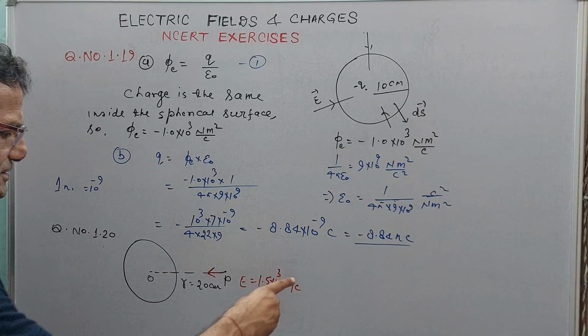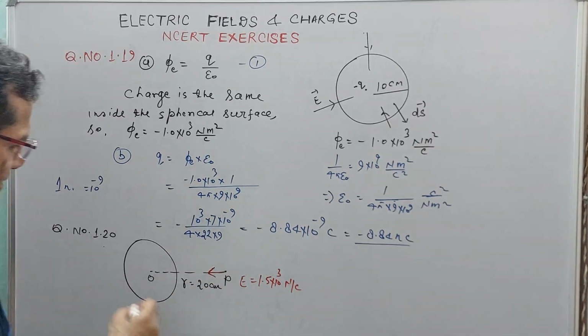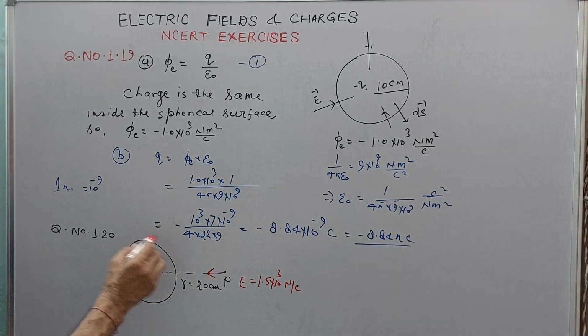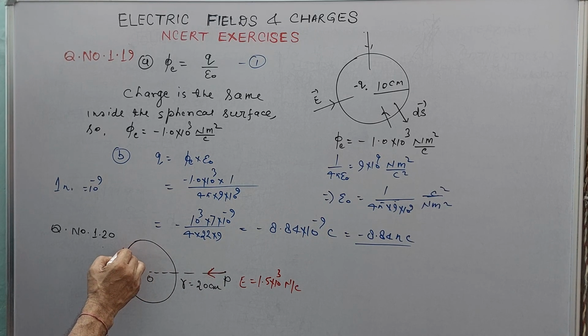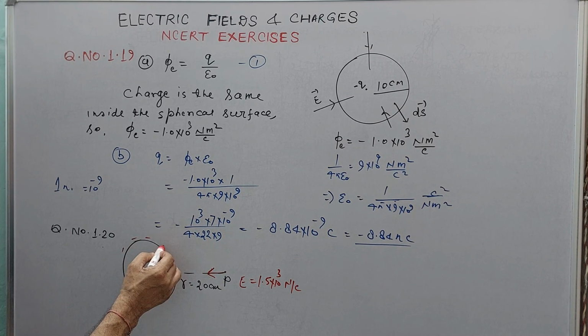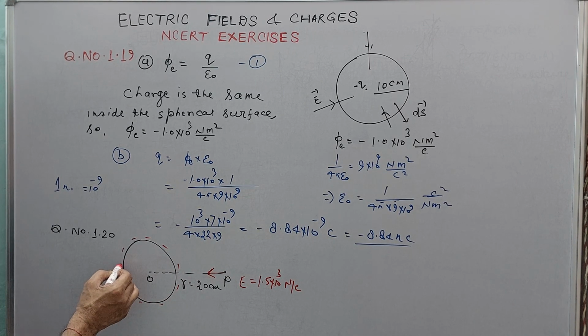Since the electric field is toward the sphere, the charge should definitely be negative. This is a conducting sphere; the total charge remains outside, uniformly distributed over the outer surface of this spherical surface. So this is our negative charge.